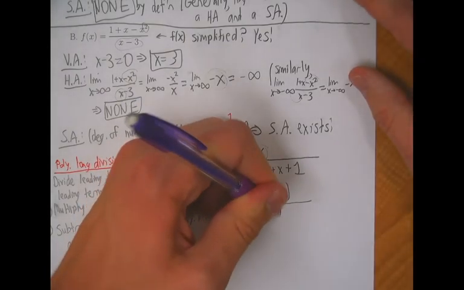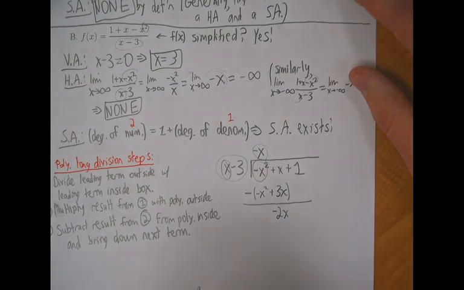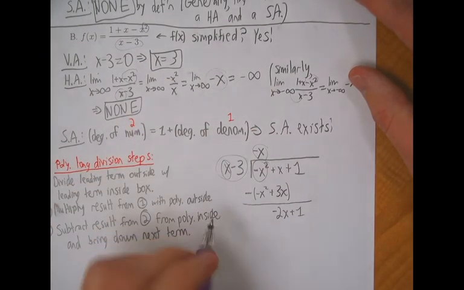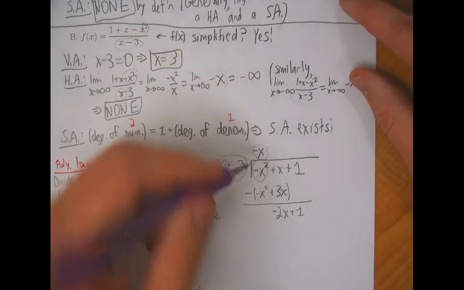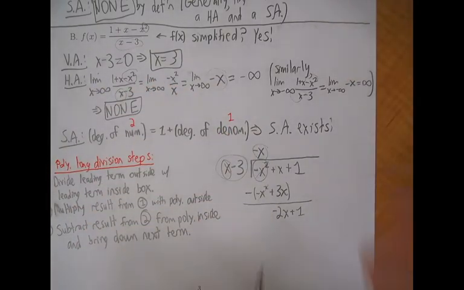Negative 2x plus 1. These two leading terms should always cancel each other out with polynomial long division. If that's not happening, you need to check your work in steps 1 and 2.